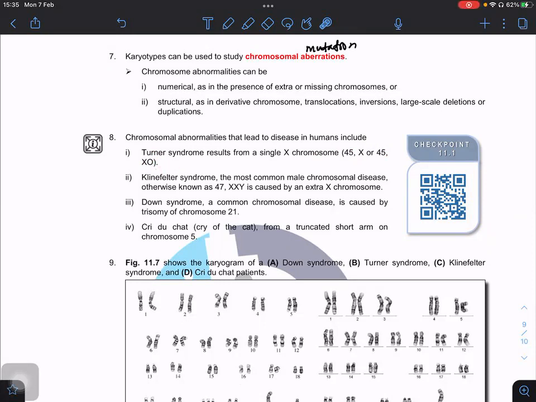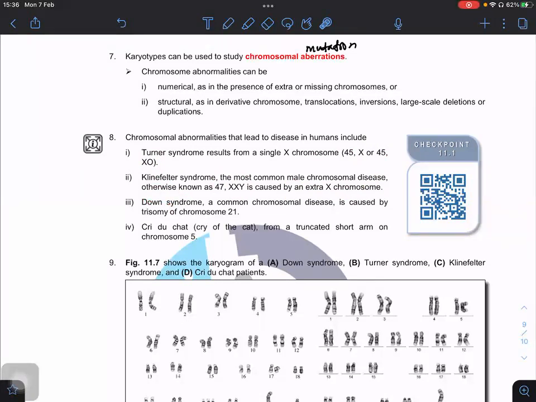We have Klinefelter syndrome, the most common male chromosomal disease, otherwise known as 47 XXY, caused by an extra X chromosome. Because of the extra X chromosome, this Klinefelter patient is male, but they do have characteristics of female. Right, Klinefelter.